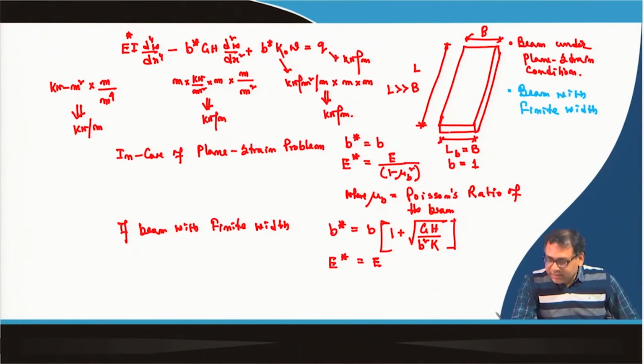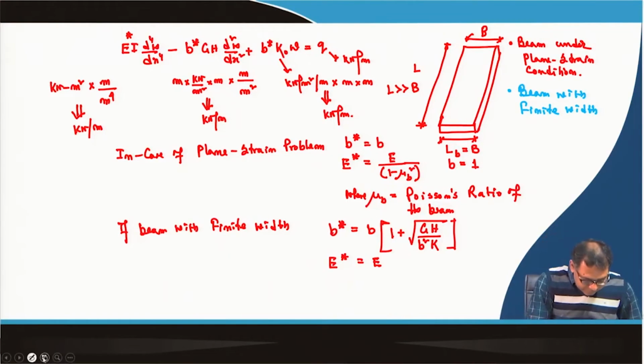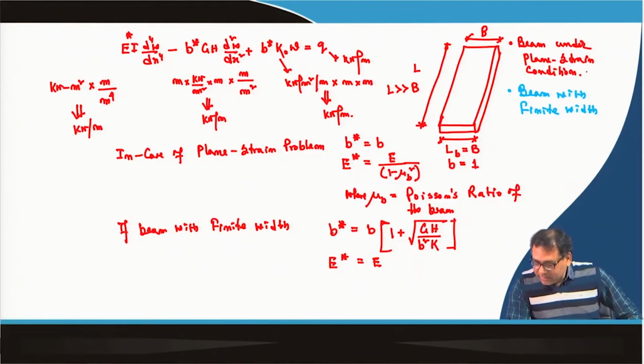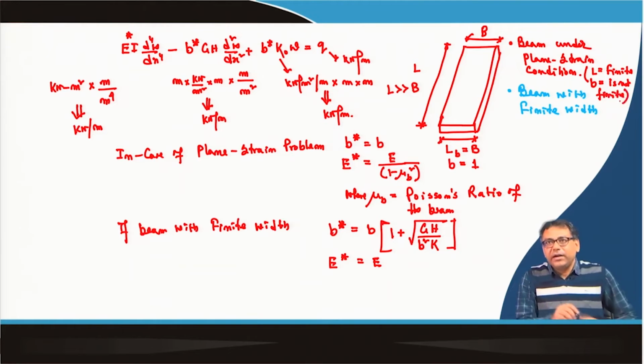So, under this condition, beam under plane strain condition, I can write that length is finite, but the B is not finite. Is not finite.